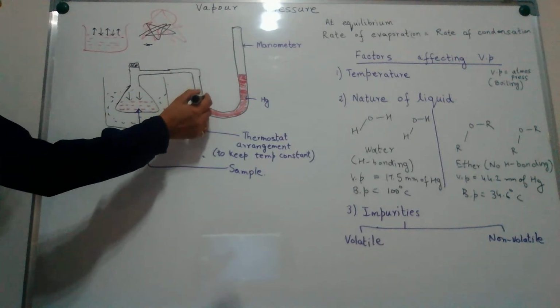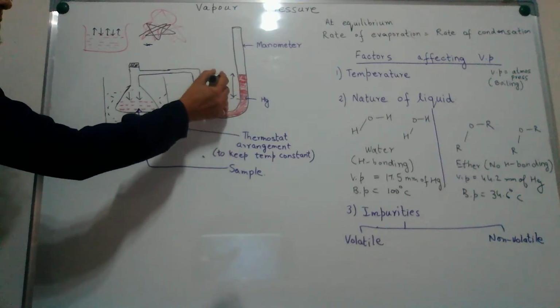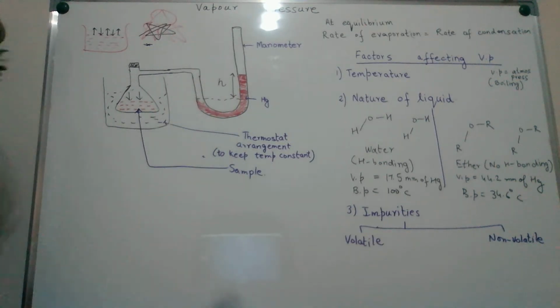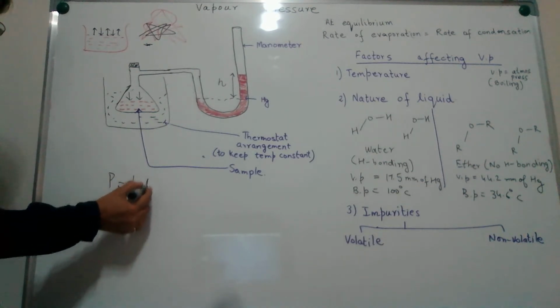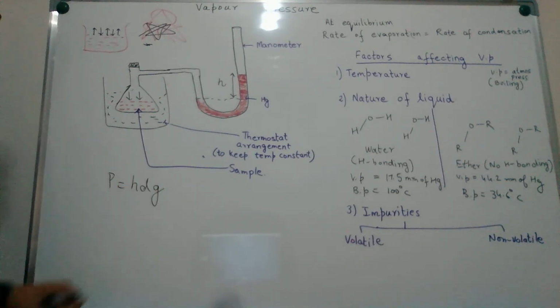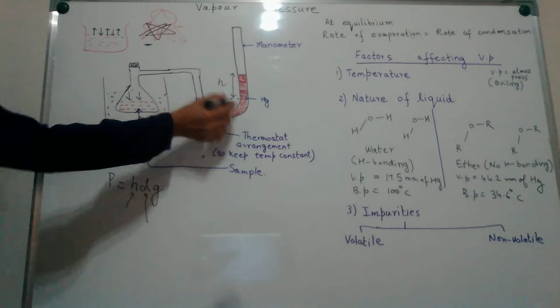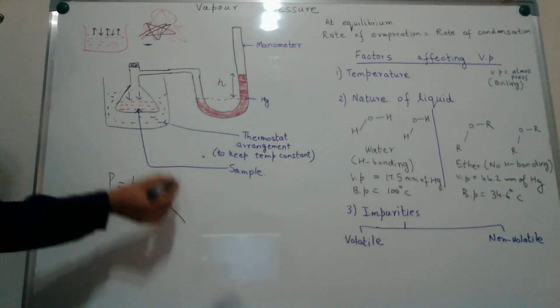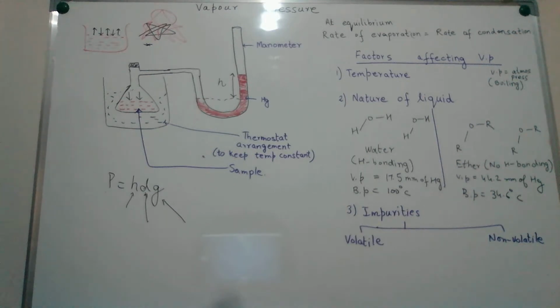Now we take the difference in the height of the mercury in the two columns. This is H. You know that the formula for the measurement of pressure is P = hdg. H is the difference in the height of the mercury column, d is the density of the mercury you have chosen, g is the gravitational acceleration. And this gives us the pressure.